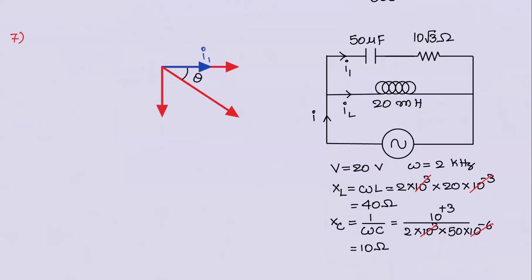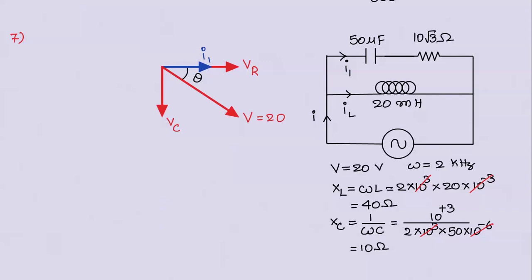Current will be I1. This is I1. And this is voltage across the source, which is equal to 20. Because net voltage across this is net voltage across. There's no problem at all. And this is voltage across resistance. Voltage across capacitor.